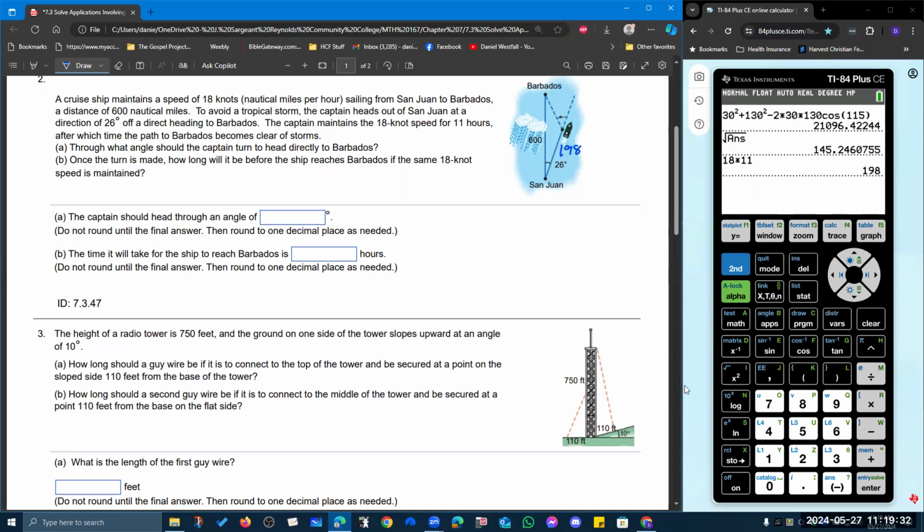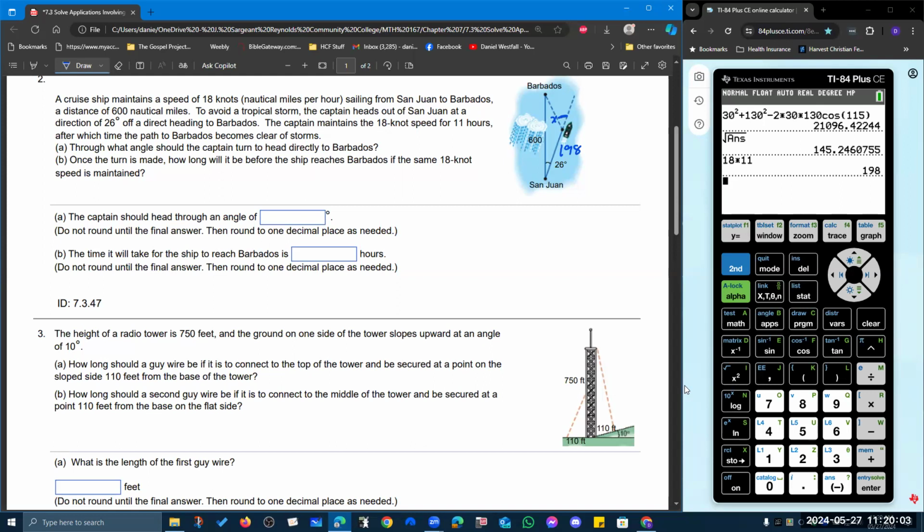Now he needs to turn back towards Barbados, and this arrow right here is the angle that they want us to find, that he would turn through to get on a heading to Barbados, and then they want us to find how far he is from Barbados. So we want to find both this angle here and this side here.